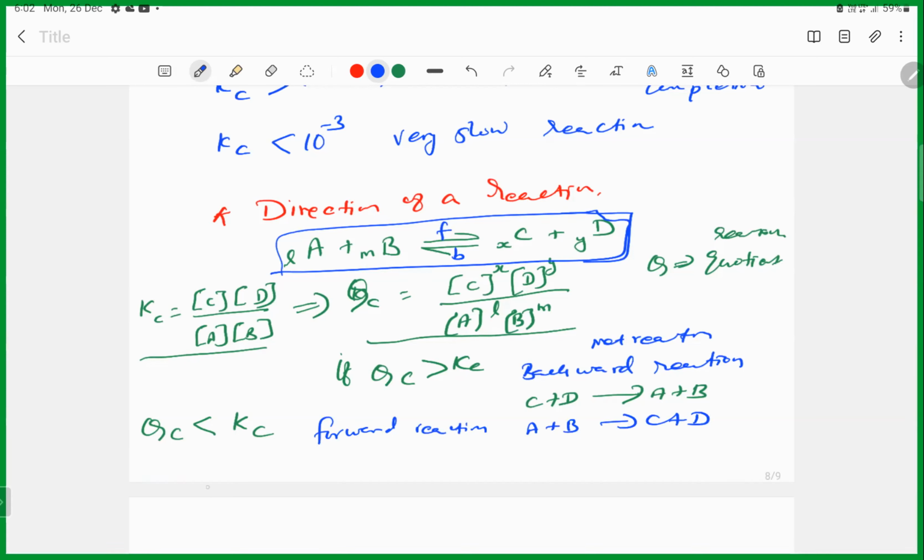Suppose if Qc is equal to Kc, then the entire reaction is at equilibrium. When it is in equilibrium, it will be like this. Suppose the reaction quotient is high, what does that mean? In this equation the reactants are high and the products are low. Suppose Qc is less than Kc, what does it mean? The products have gone up and the reactants are low.